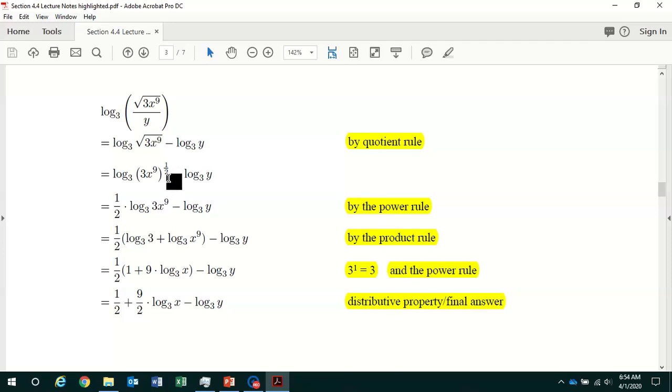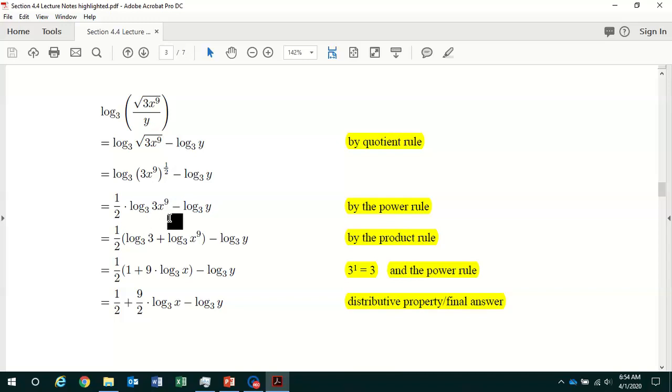And now by the power rule, this exponent 1/2 can be brought out in front of the log. And so when we do that, we have 1/2 times the log base 3 of 3x to the 9th. And now 3x to the 9th, or 3 times x to the 9th, that is a product.